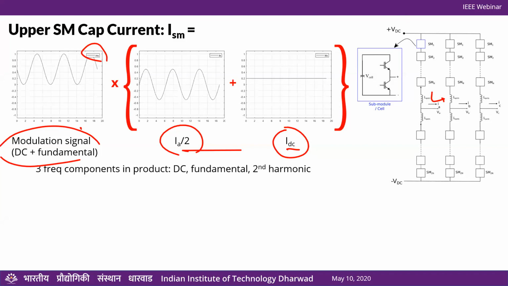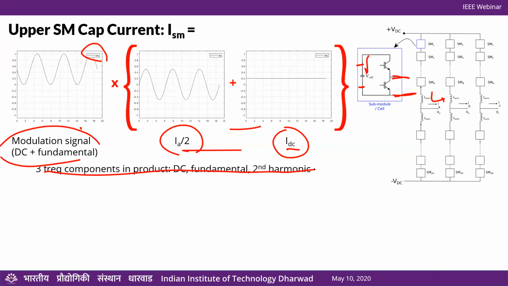Okay, so what was I saying? Yeah, so this has DC plus fundamental. These two have DC plus fundamental. Obviously, the output, sorry, not output voltage right now, we are talking about the capacitor voltage, right? So the capacitor voltage, or the current seen by this capacitor, is going to have 3 frequency components, and that is going to be DC, fundamental, and second harmonic, right?